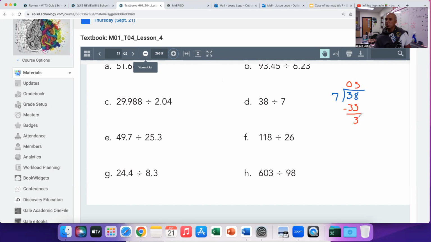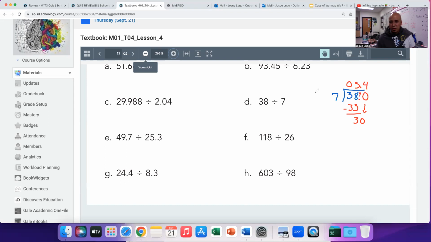Now, in middle school, we don't deal with remainders, not in the same way we did in elementary school. So we need to remember that 38 is the same thing as 38.0. Since we have a decimal here, we just need to bring the decimal up, and evaluate it with that 0. So bring down the 0. 7 goes into 30 4 times.